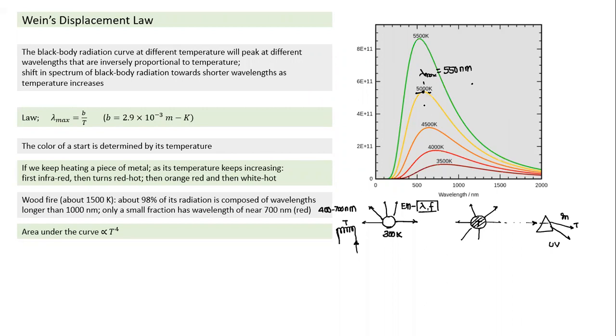Now, if I go to one side, I move by delta lambda, so this is 600 nanometer. And I move to the other side also, and I come to 500 nanometer. Will these two contain equal energy?